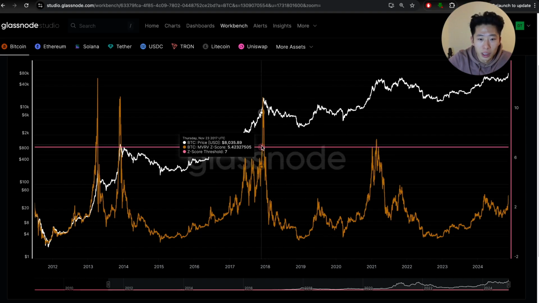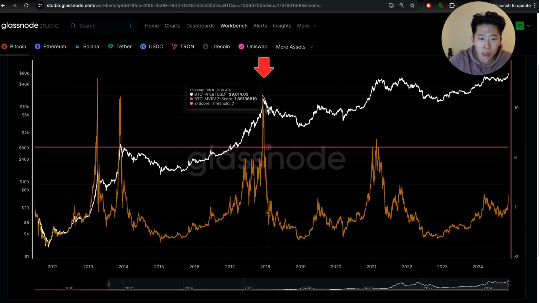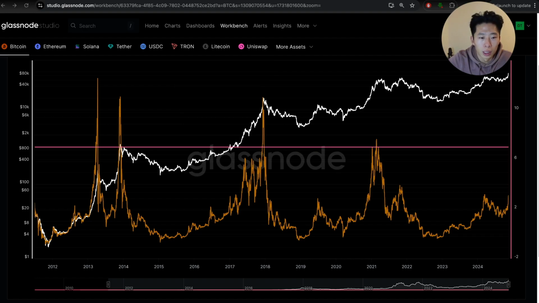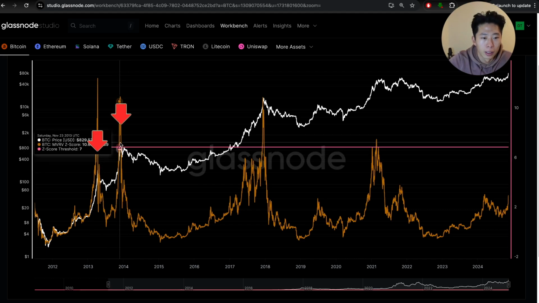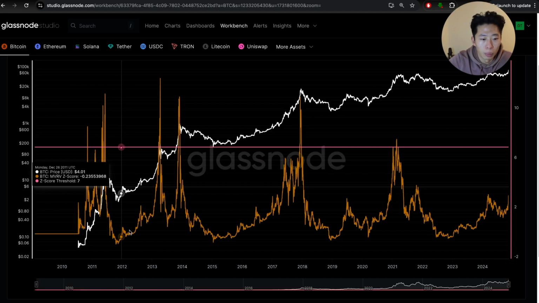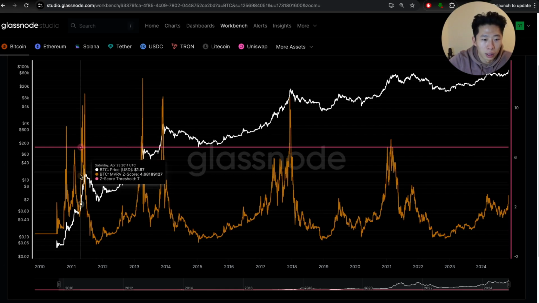In 2017, the orange line crosses the pink line here, and again, the price peaks shortly afterwards. In 2013, the orange line crosses the pink line here and here, effectively catching both the local and the actual peak. And if we go back a little bit farther, you'll see that a similar dynamic happens in 2011 as well.